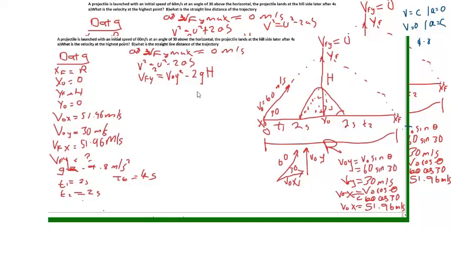Say h. And this is 0, v final. So 0 squared is equal to v initial y, which is 30 squared, minus 2 times the gravitation. Here the formula is plus 2as.